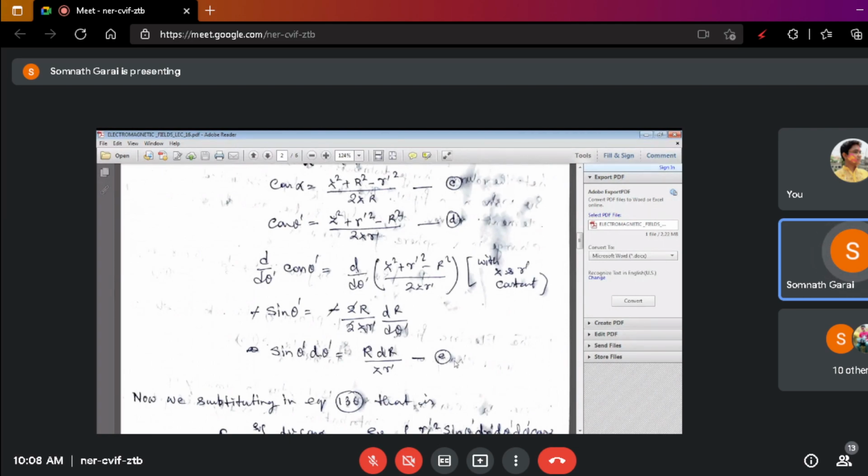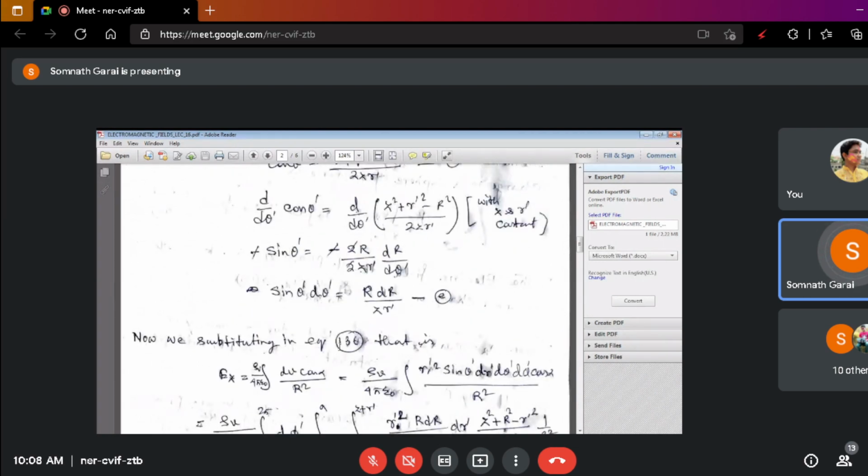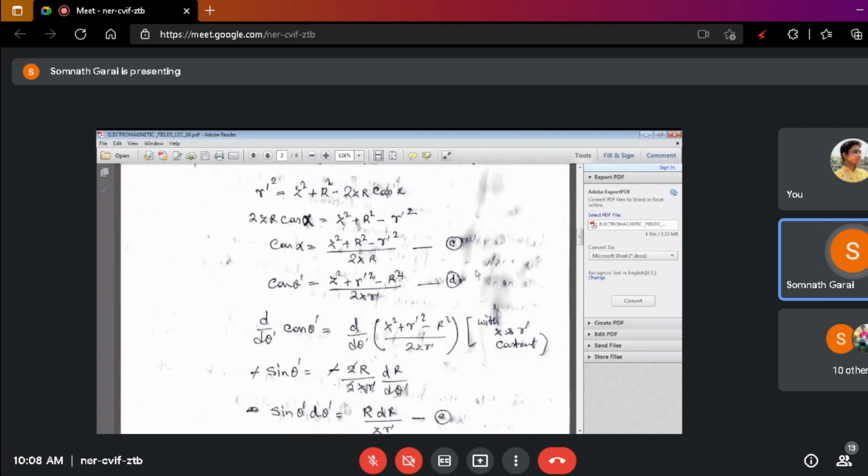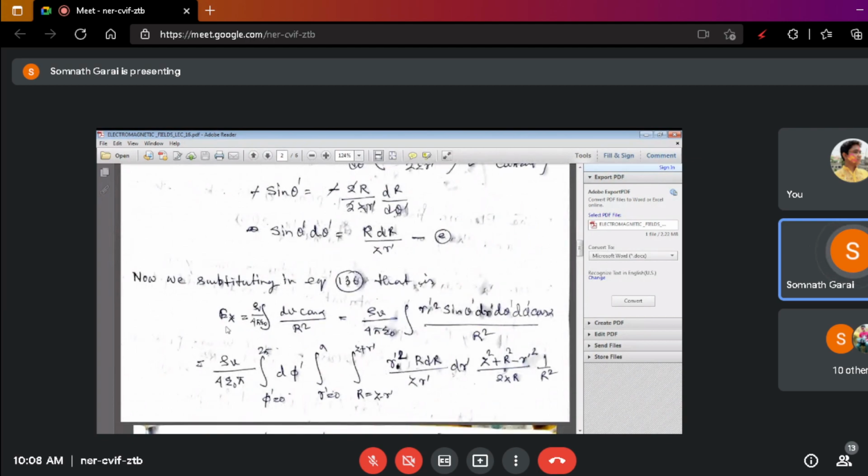Now, we substitute in equation number 136, that means this equation. So if we rewrite this equation, Ez is equal to rho V divided by 4 pi epsilon naught, integration over dV cos phi by r square. So rho V divided by 4 pi epsilon naught is the constant part, integration over dV.